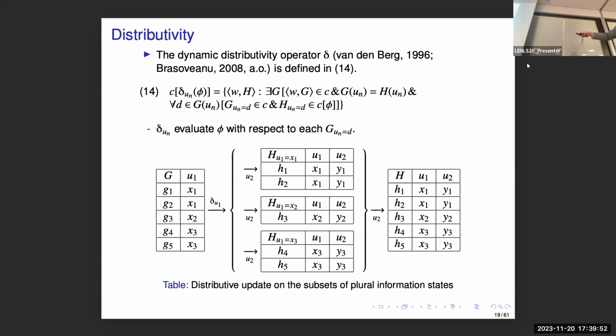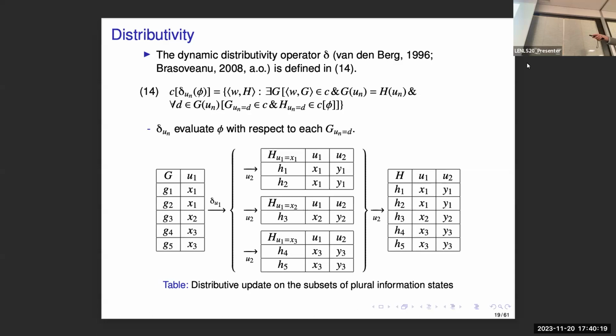For example, imagine there's an assignment extension for U2, and it assigns a singular value. But this assignment of a singular value is done for each of them. So if you come back to the plural information state, you store a plural value. So atomicity is defined as a collective condition, but the atomicity itself is iteratively applied to each subset.